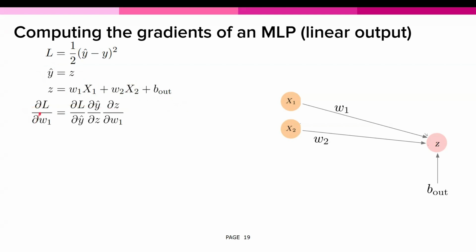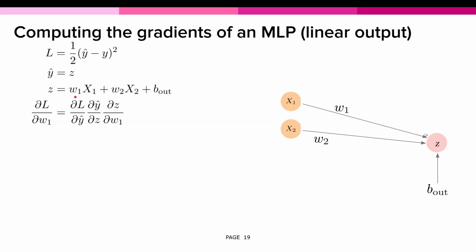Okay, and what we want to do is figure out the gradient of the loss with respect to the parameters, and we'll just focus on one parameter for now. That would be partial L over partial W1. In order to compute that, we're going to have to apply the chain rule.